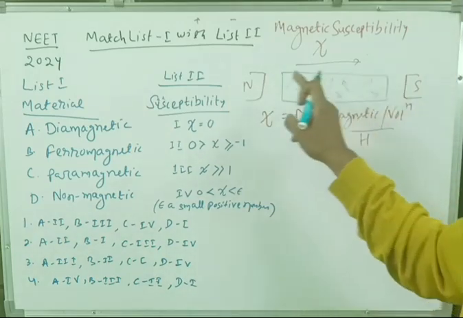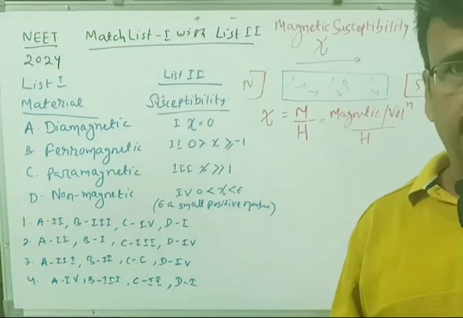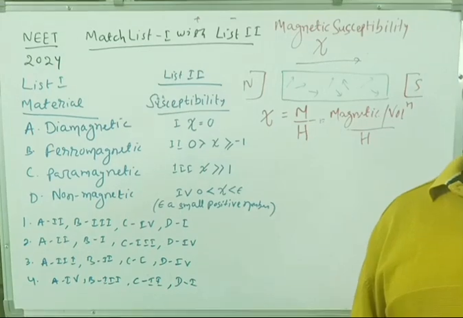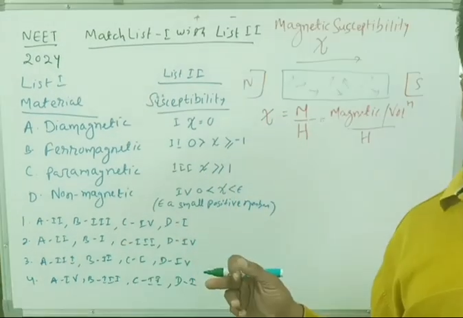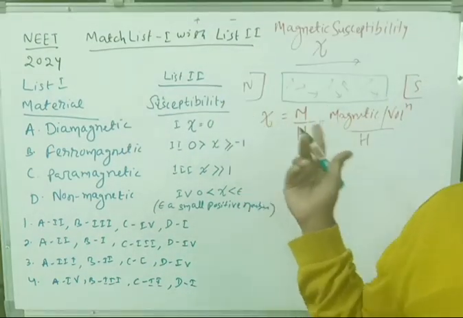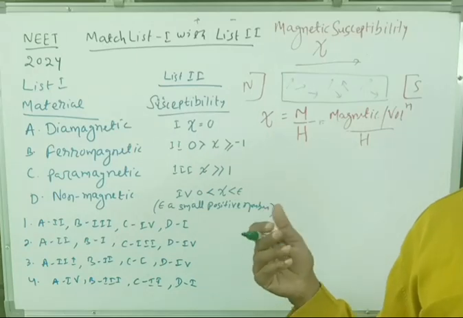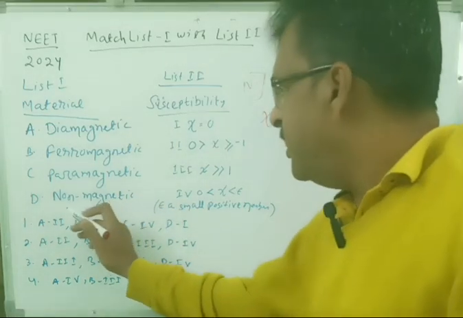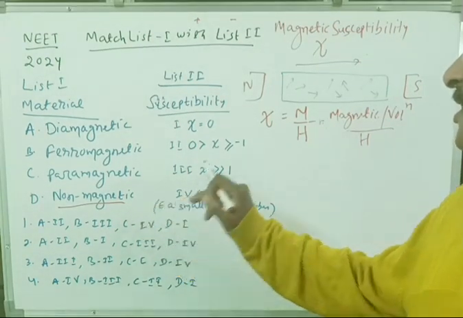But when we apply an external magnetic field, different materials behave differently. If on application of the external magnetic field there is no change in the alignment of these magnetic dipoles, the atomic magnets, then that material is called non-magnetic, and for a non-magnetic material chi is 0.